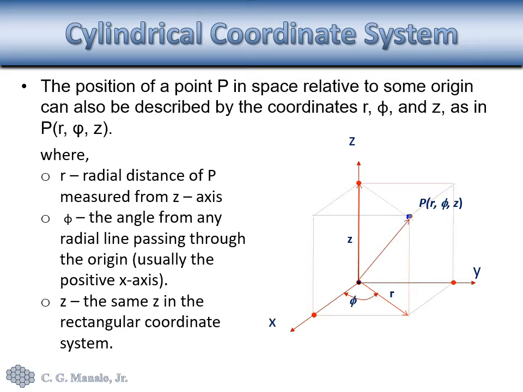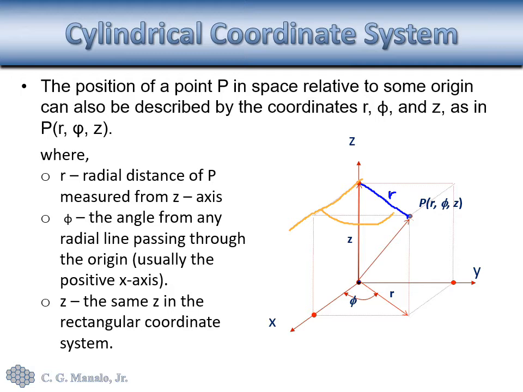First, we have the radial distance of that point from the z-axis. So we call this the radial distance. And the angle that this point makes from any radial line. So let's say this is a radial line that passes through the origin.